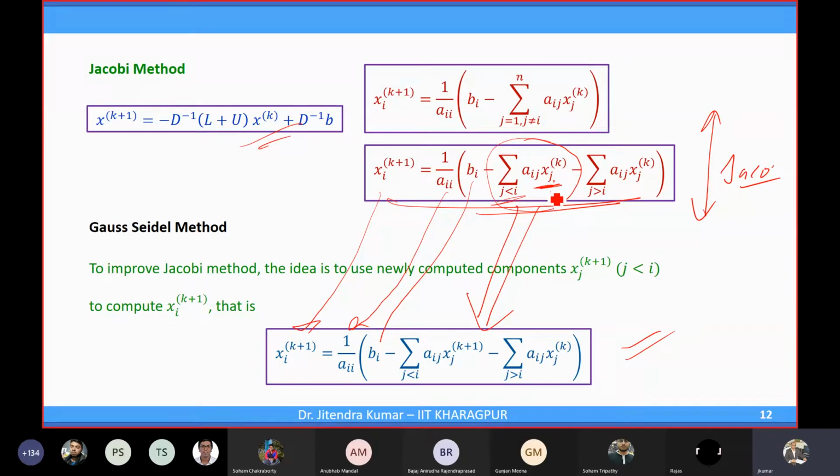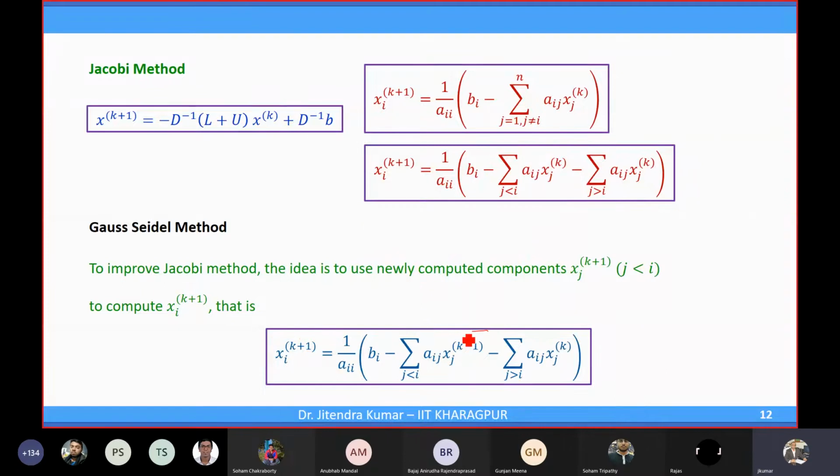But those have already been computed because we are now computing the ith component. So here we have replaced with k plus 1, because these values are already with us. And these we don't have, so naturally we will use them from the previous iteration. Is that clear?